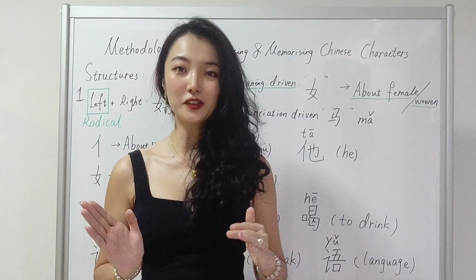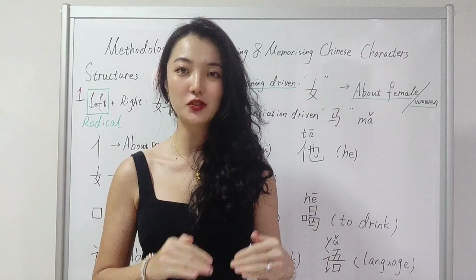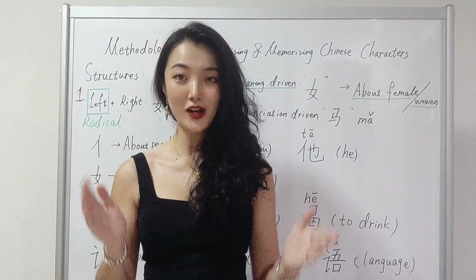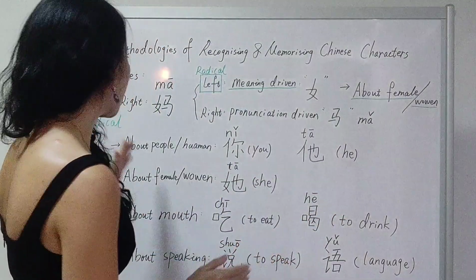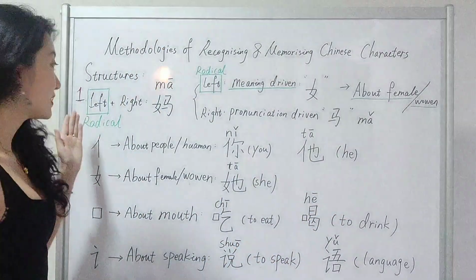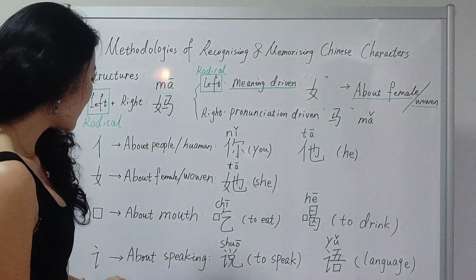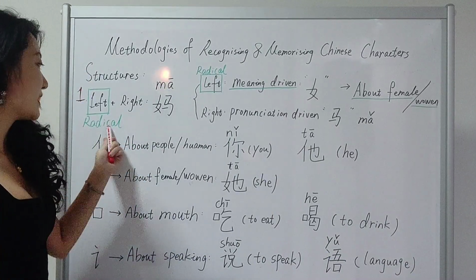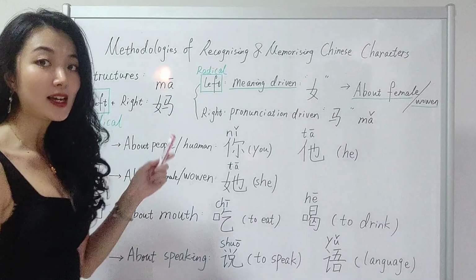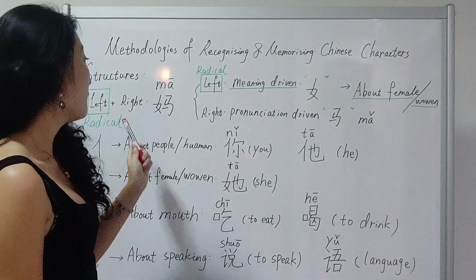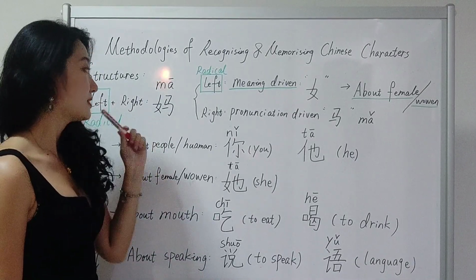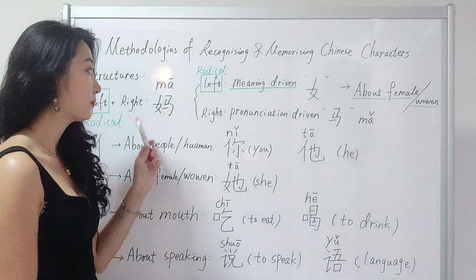All of the Chinese characters can be categorized into 3 or 4 structures. So the first structure we're going to introduce is called the left and right structure. So the left part is a radical. So let's take the first character of left and right structure, for example.